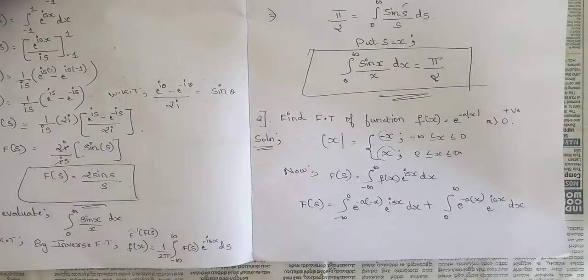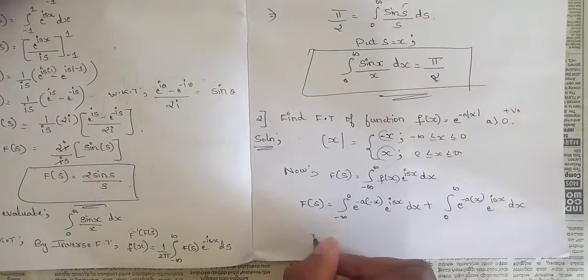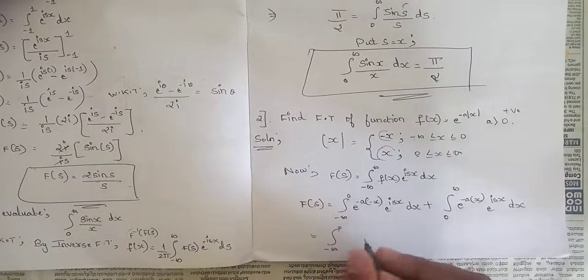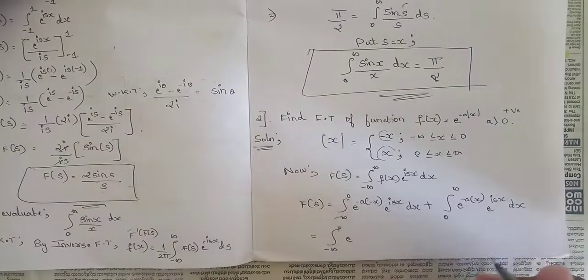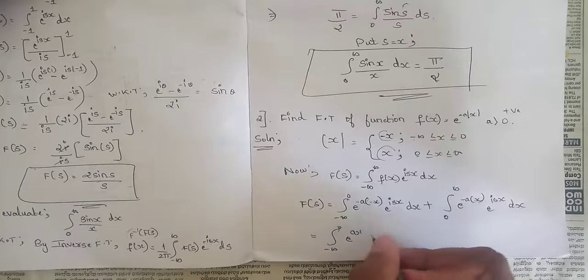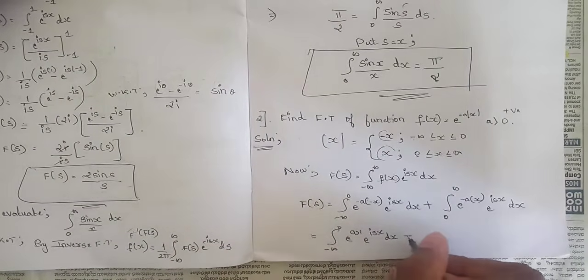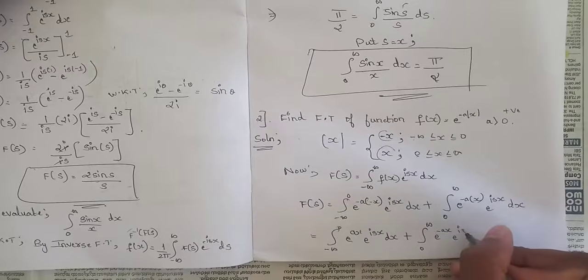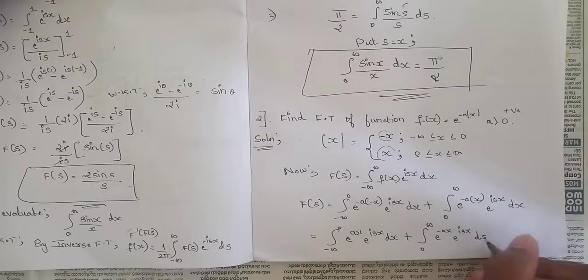So these are the steps, please observe this carefully. Now it becomes, from minus infinity to 0, e power minus a into minus x, so minus into minus is plus, so it becomes e power ax into e power isx into dx, plus from 0 to infinity e power minus ax into e power isx into dx.